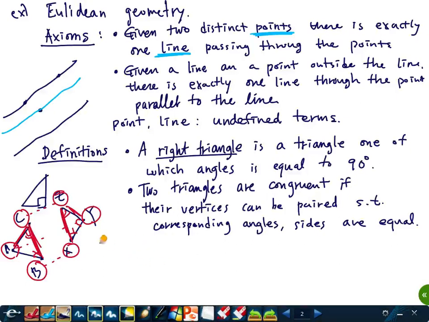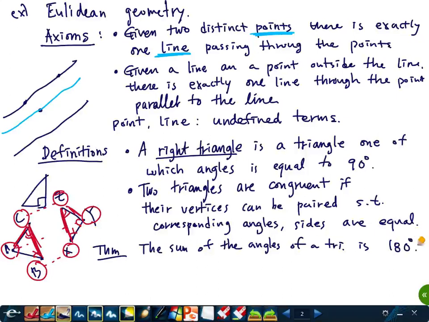Okay, theorem. Let me tell you one theorem. There are of course many theorems in Euclidean geometry. The sum of the angles of a triangle is 180 degrees. This is a theorem. Theorem means you can prove this using just axioms and definitions and existing theorems.